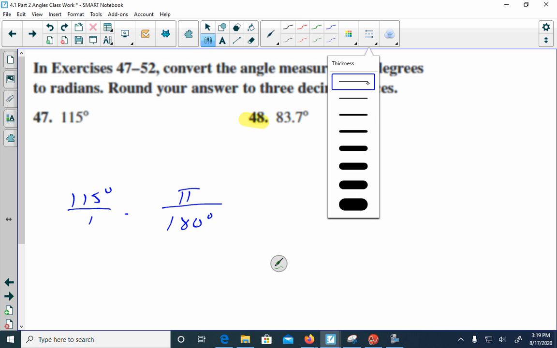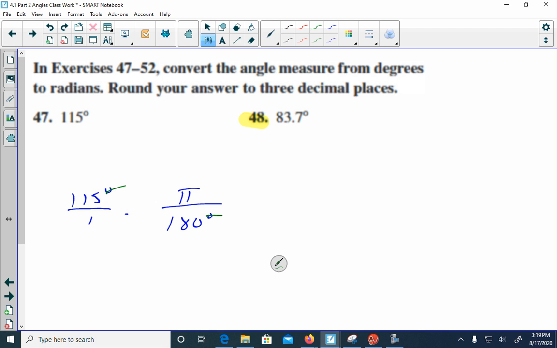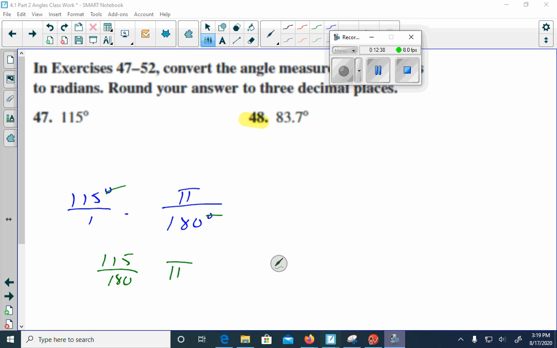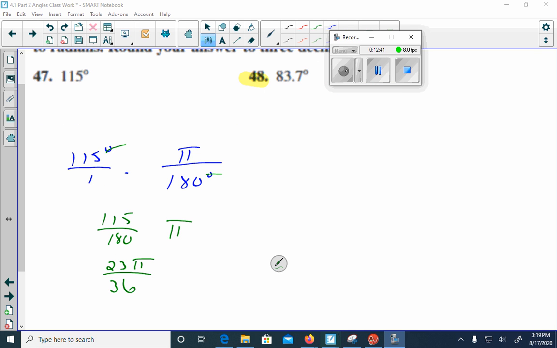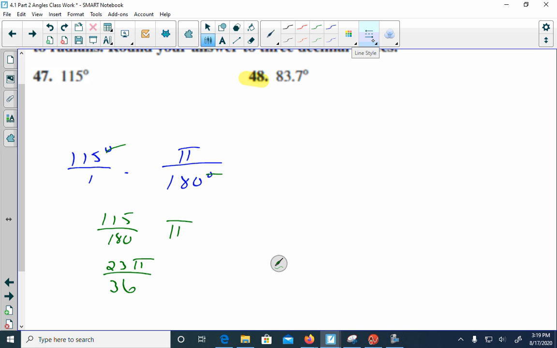The degree symbol is simplifying, and I'm going to be left with that unit of pi. So I start off with 115 over 180, and when I divide that on my calculator, I get 23 over 36, so I make it 23 pi over 36. This pi is in the numerator, so make sure you put it in the numerator.